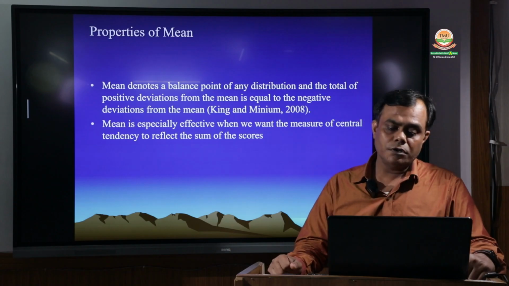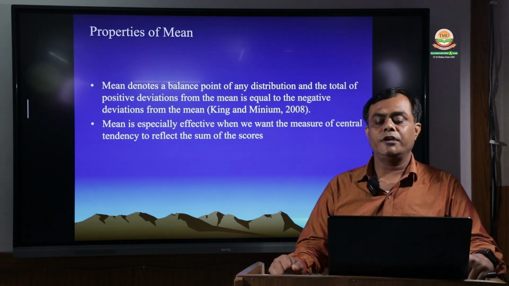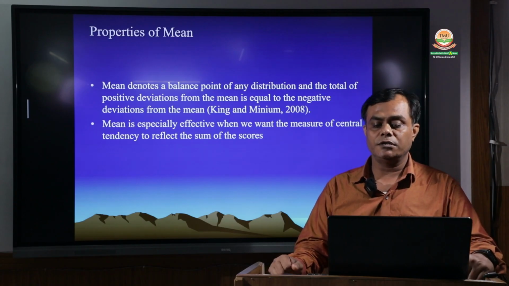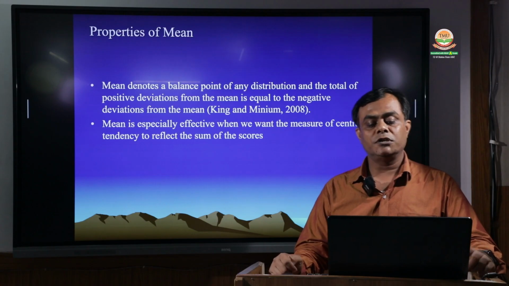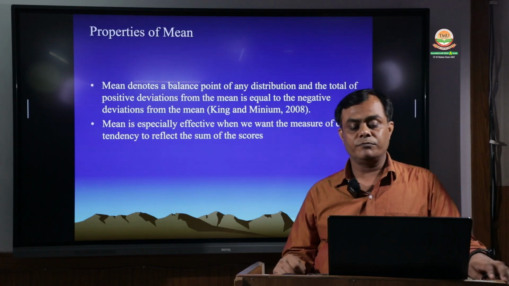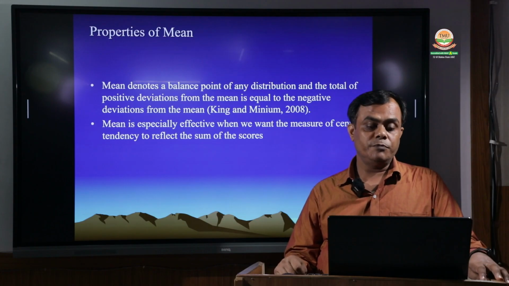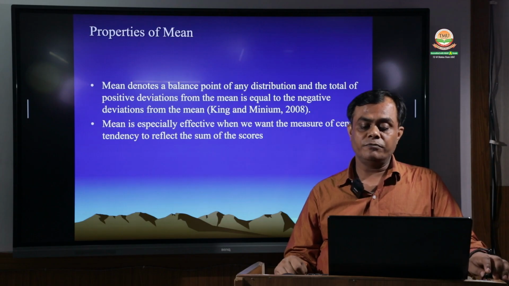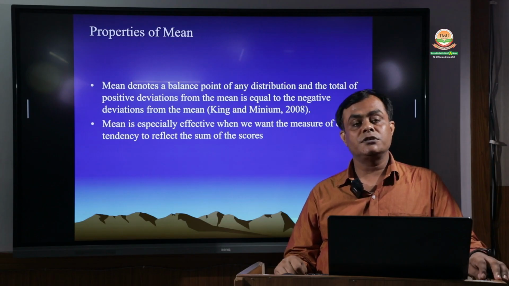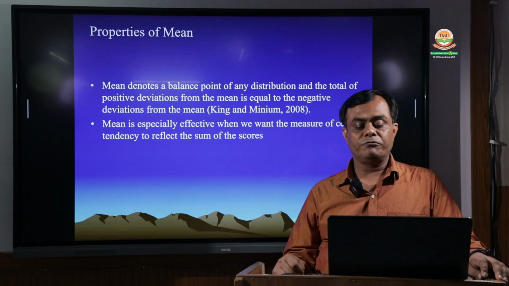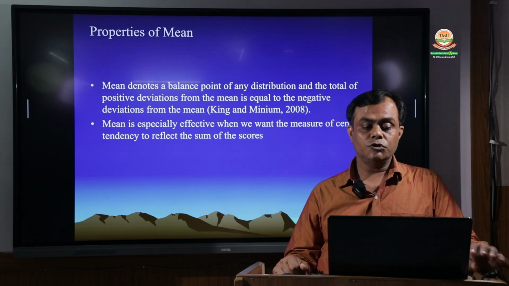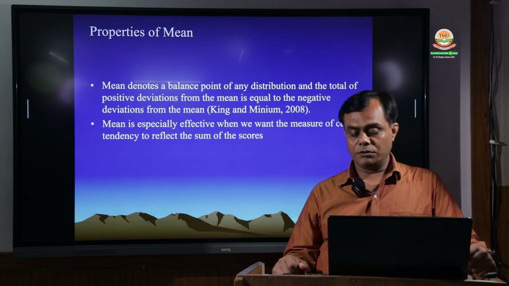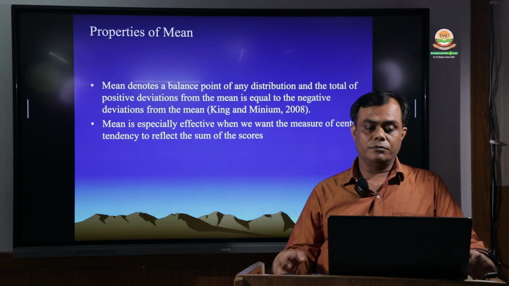The mean denotes the balance point of any distribution, and the total of the positive deviations from the mean is equal to the total of the negative deviations from the mean. The mean is especially effective when we want a measure of central tendency that reflects the sum of the scores. So this is the property of the mean.